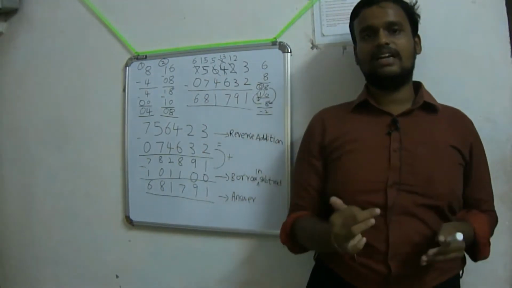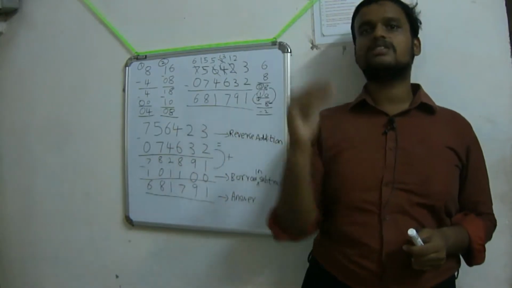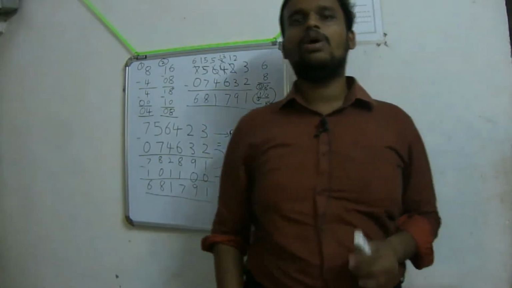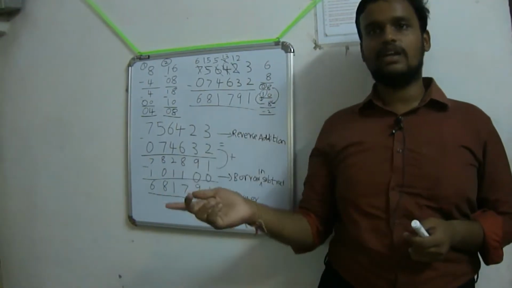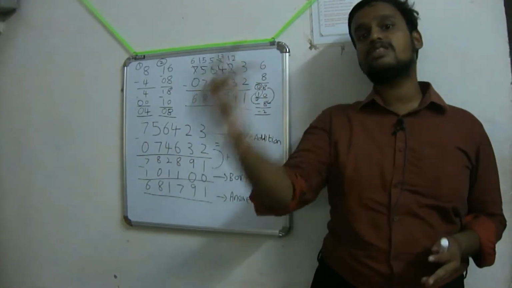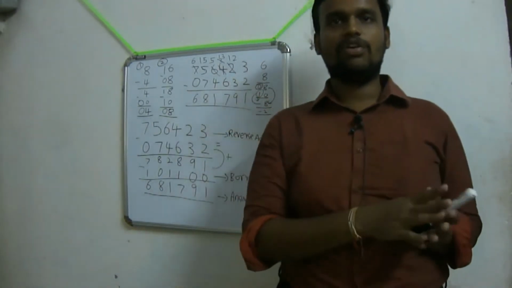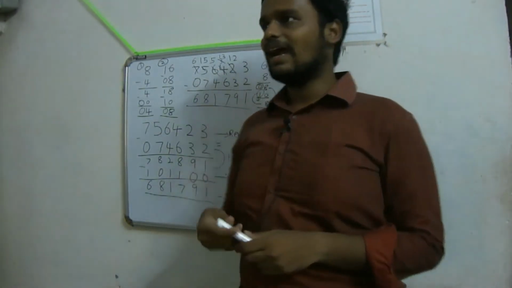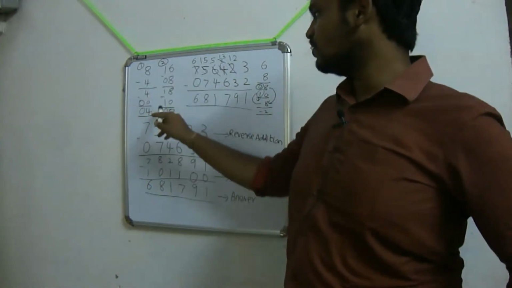In such a condition, if the number at the top is smaller than the number below, then you have to think, for example, if 8 is there and you have to get the number as 6, 8 plus 8 gives you 16. So the last number would be 6 and the before number would be 1. So in that condition, you have to put 8 plus 8 is 6 and take the borrow as 1.